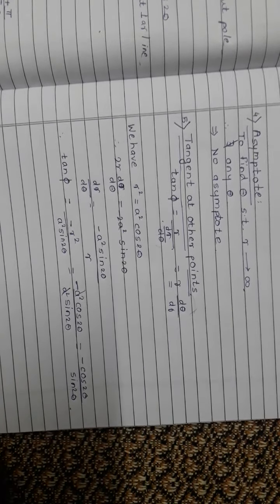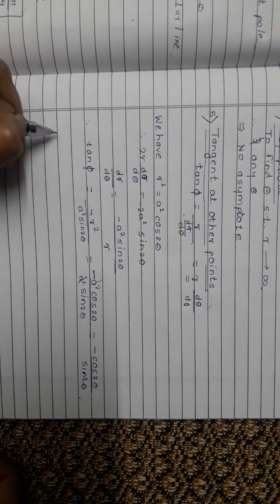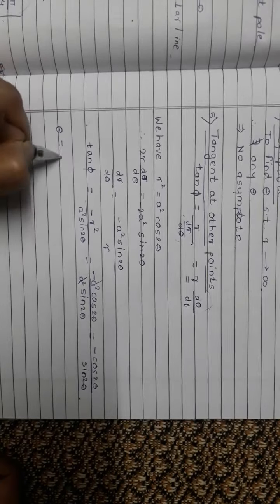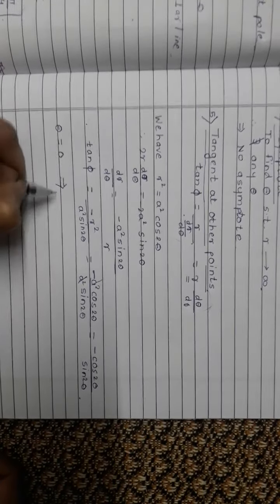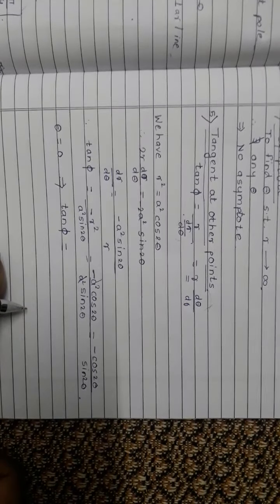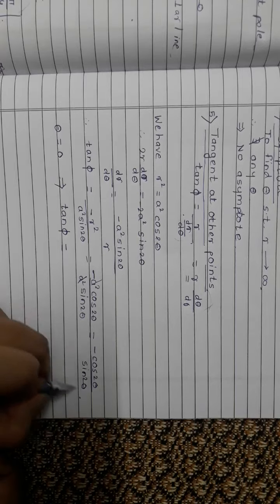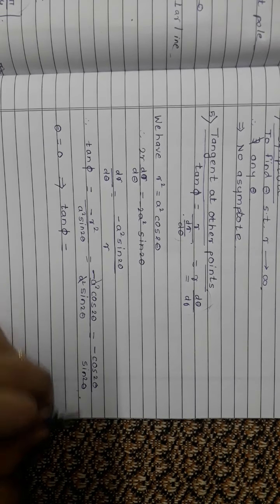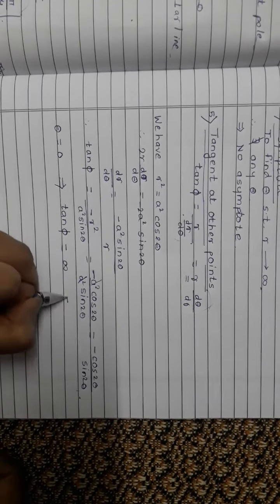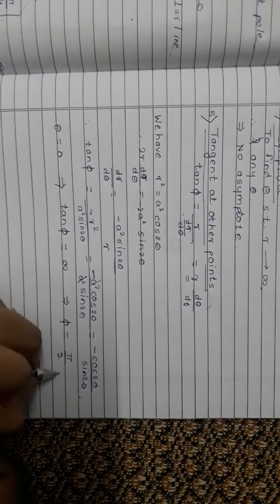Right? Now let's check what we get when I substitute theta equal to 0 and theta equal to pi. When theta is equal to 0, sine becomes 0, so tan phi tends to infinity. So what is the value of phi here? Phi is pi by 2. Correct?